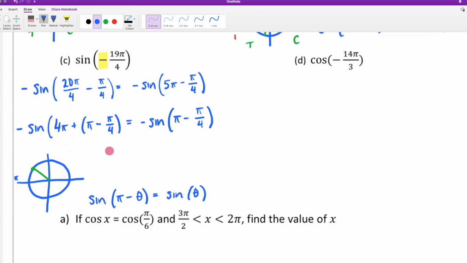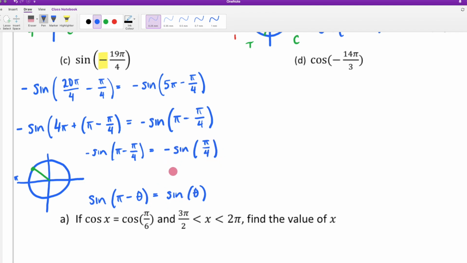So that means I can write out that negative sine, so don't forget that we still have this negative here from all the way back here, of pi minus pi over 4, which is going to be equal to negative sine of that angle. Now this is where some of us may make a mistake.